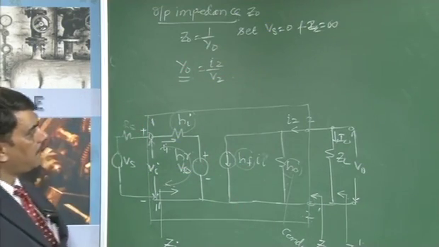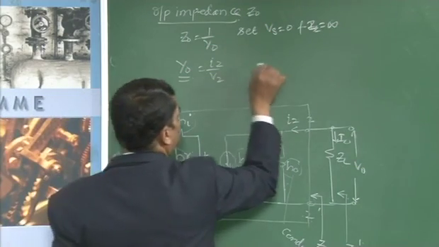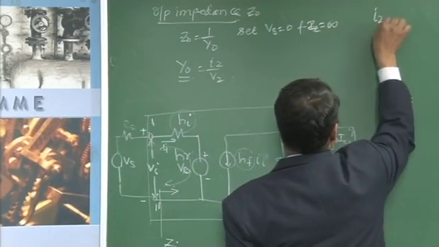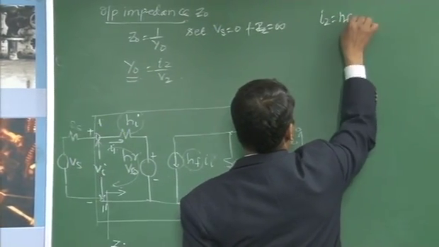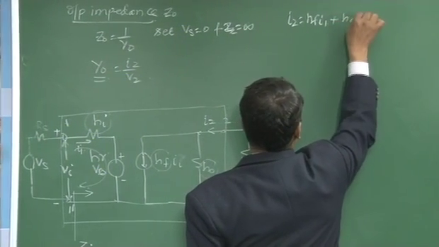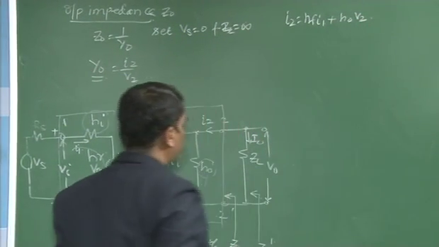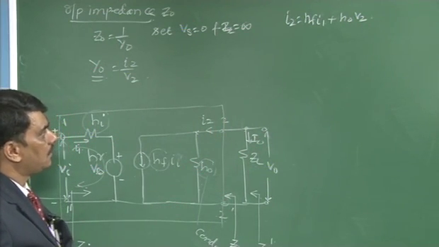Hence, we need to find what I2 is, where I2 is given by applying KCL at this point. This is nothing but hf I1 plus ho V2, where hf is the short circuit current gain.